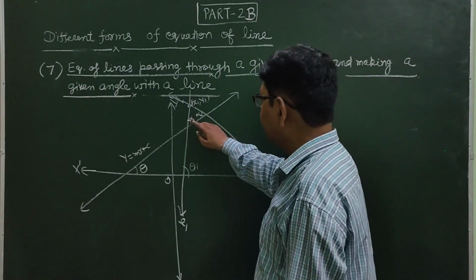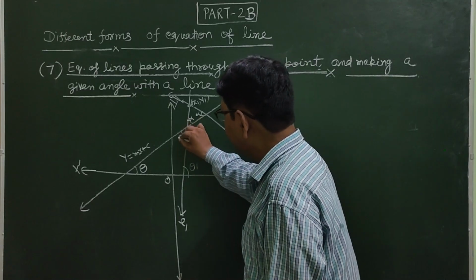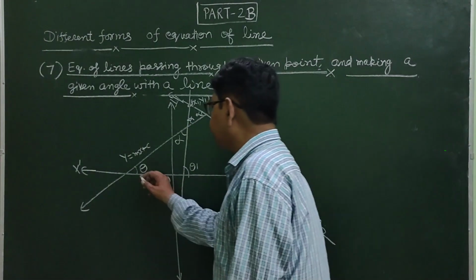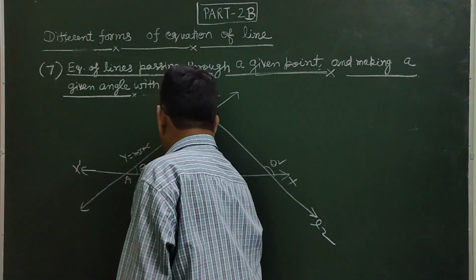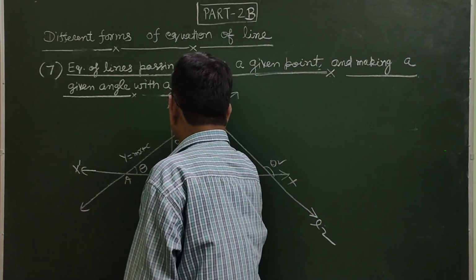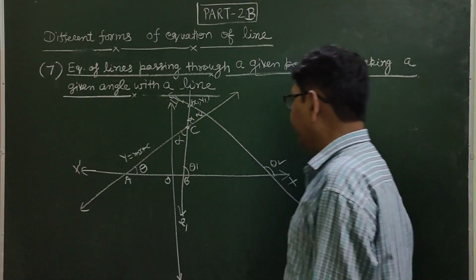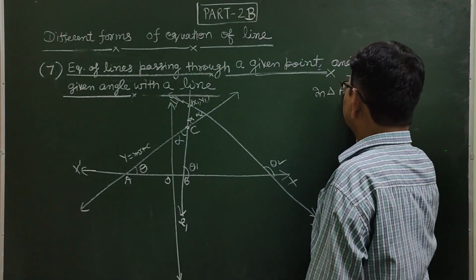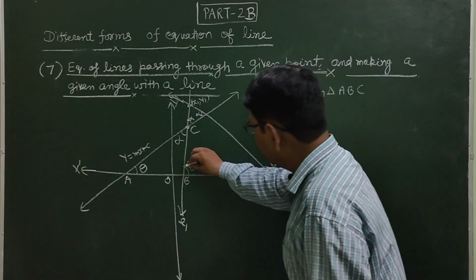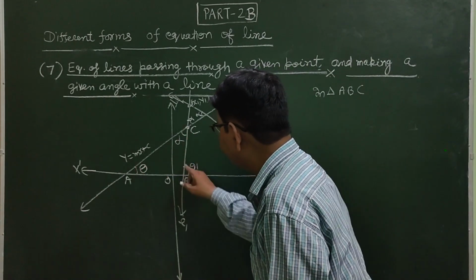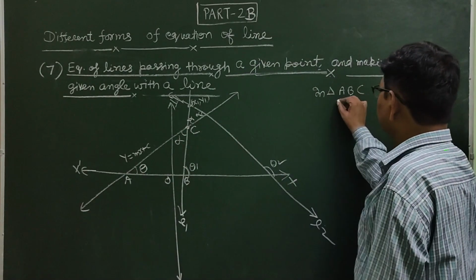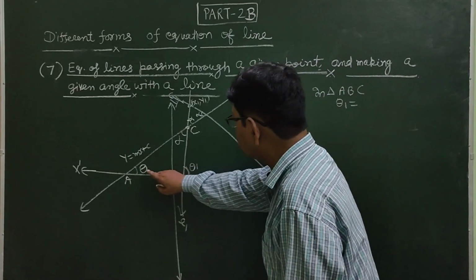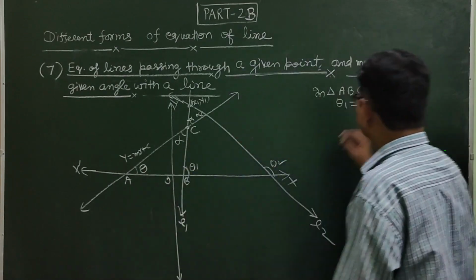Now if this angle is alpha, then this angle is vertically opposite angle, so this is also alpha. Let us name these points as A, B and C. Now in triangle ABC, this angle theta 1 is the exterior angle for this triangle. So theta 1, exterior angle, is equal to sum of interior opposite angles.